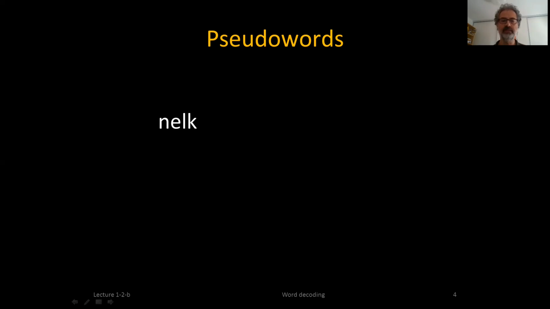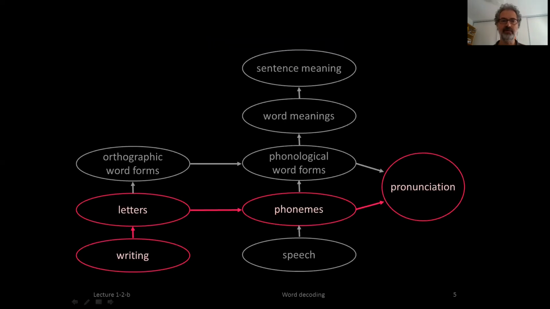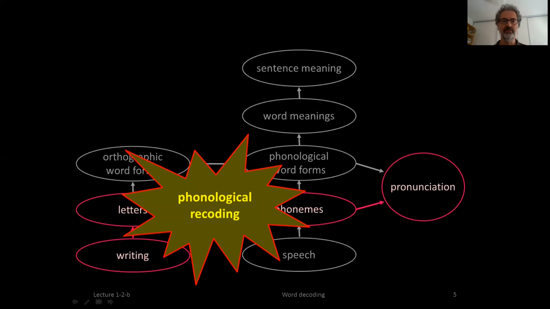Well, your ability to read this pseudoword demonstrates the operation of this progression from letters to phonemes and then pronunciation. The fact that you can read pseudowords shows that you are operating on this route here. And this is called phonological recoding. Phonological recoding isn't just for pseudowords.